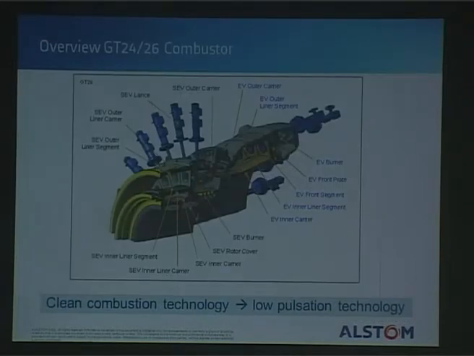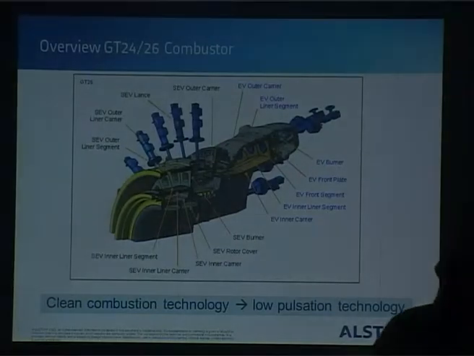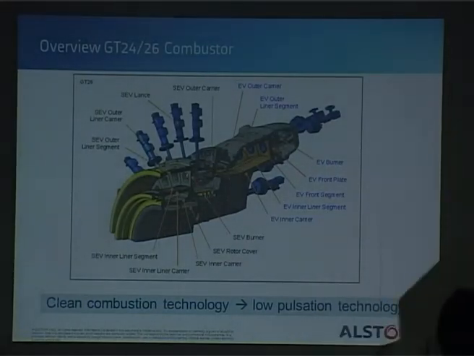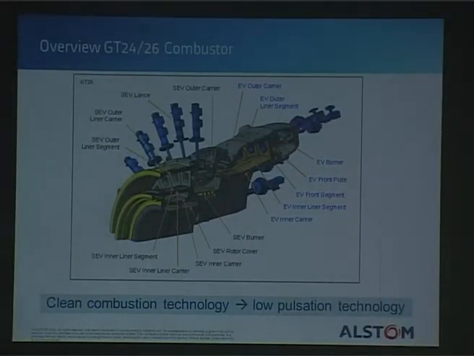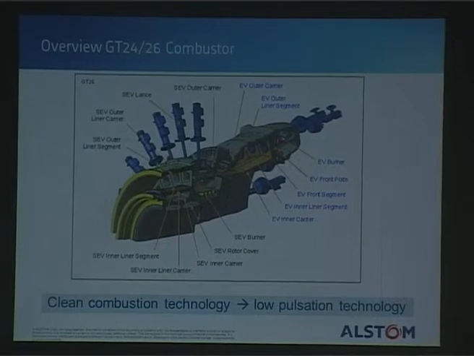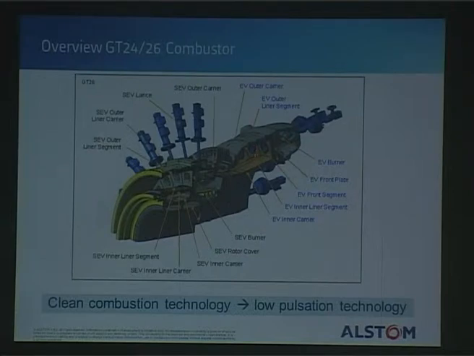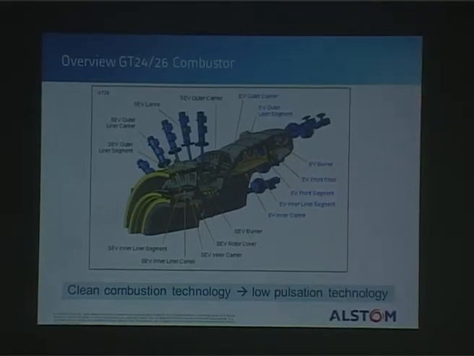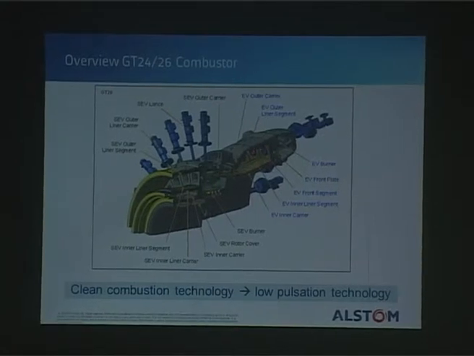This is a bit what it looks like in an exploded view. We have our EV burners here. So there's a premix type combustor where fuel and gas are mixed in this burner or swirler, as we would maybe call it, and we have a vortex breakdown taking place here.